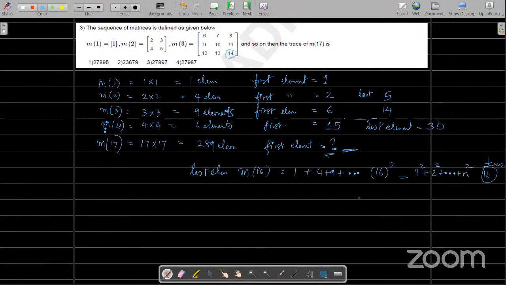So what is the formula for sigma n square? n into n plus 1 into 2n plus 1 by 6. So I get 16 into 17 into 32, 16 times 2, 32 plus 1, 33 by 6. Now we can simplify this.